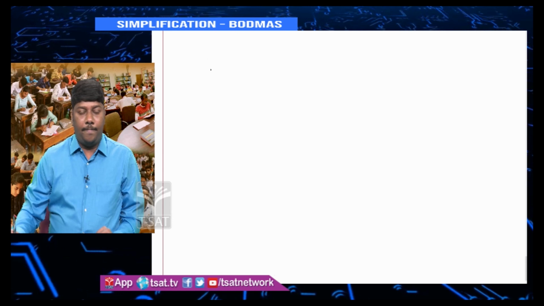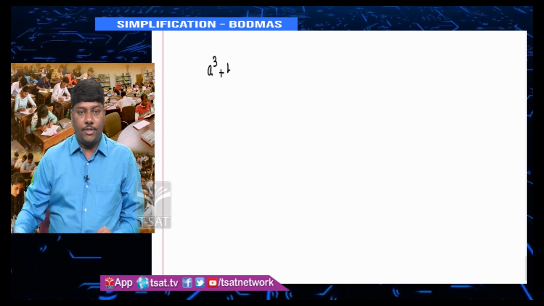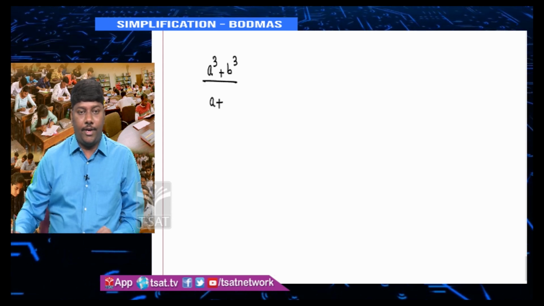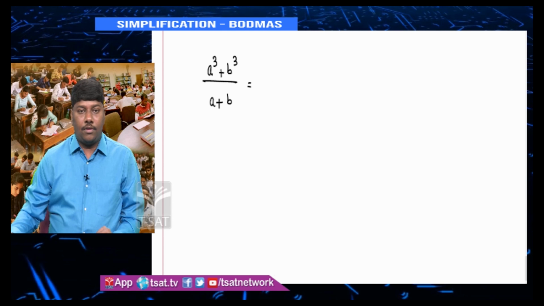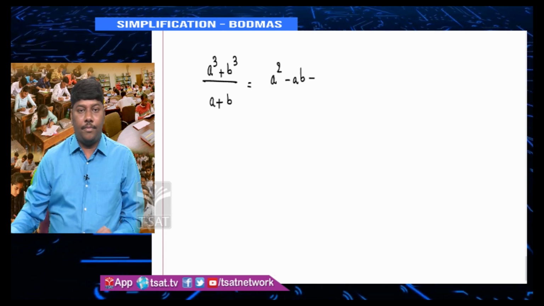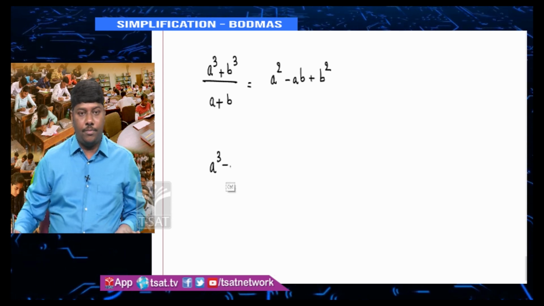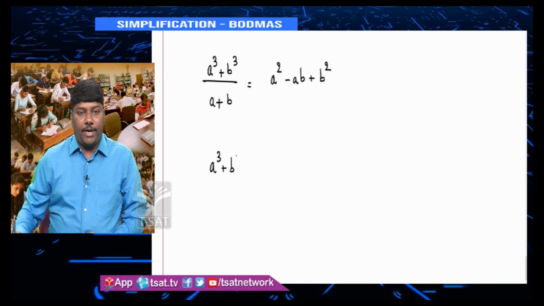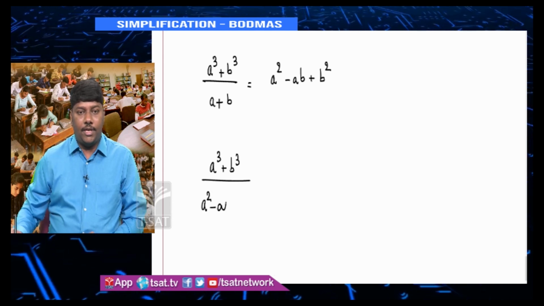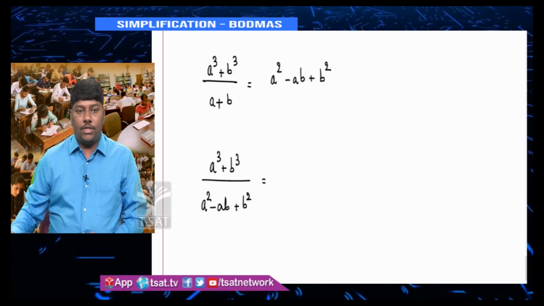So, if the same formula, if I write a cube plus b cube divided by a plus b, it is a square minus ab plus b square. And a cube plus b cube, if you divide it by a square minus ab plus b square, it is going to be a plus b.